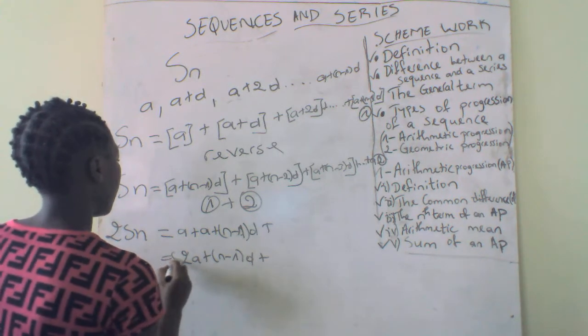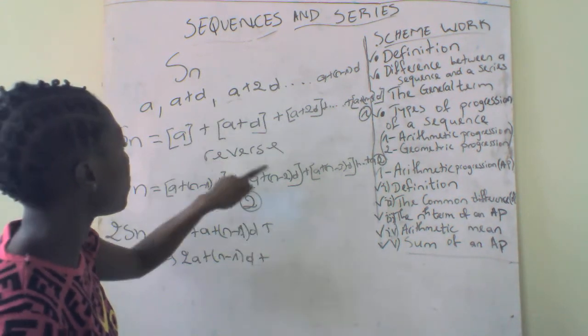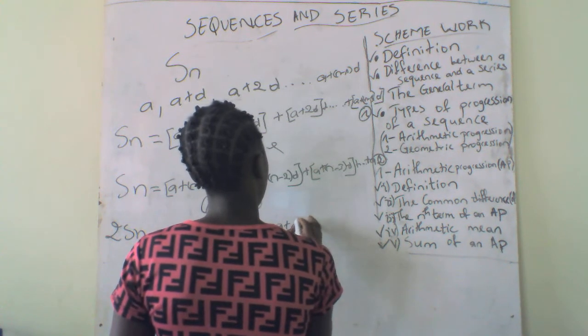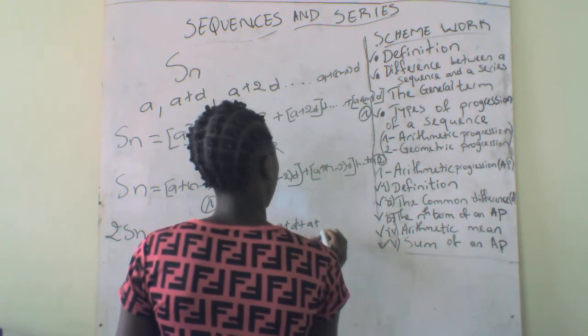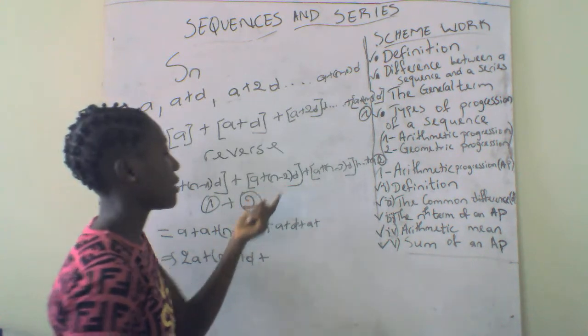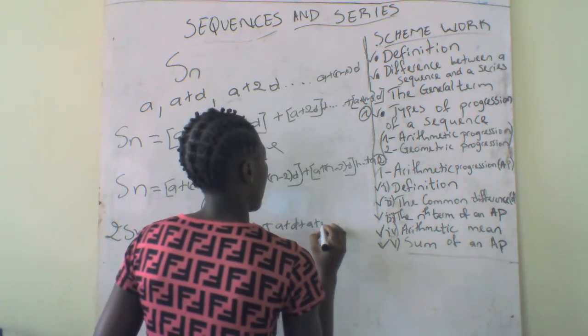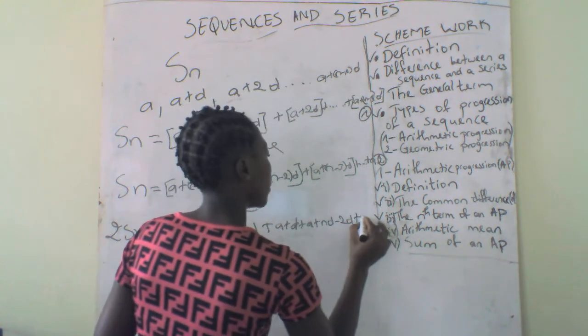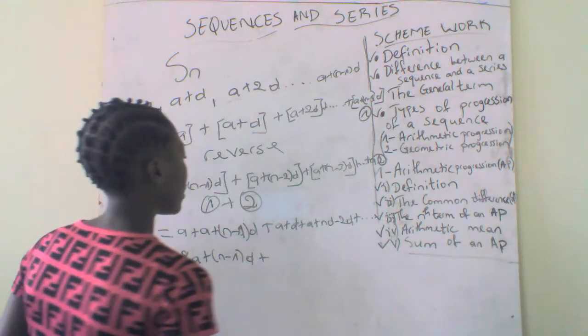Plus, if I take this plus this, which is A plus D plus A plus, I open up this bracket, which will be (n minus 2)D, plus, I continue adding, you can continue adding it.